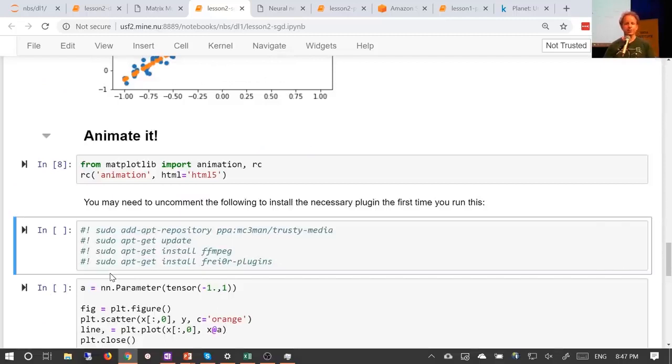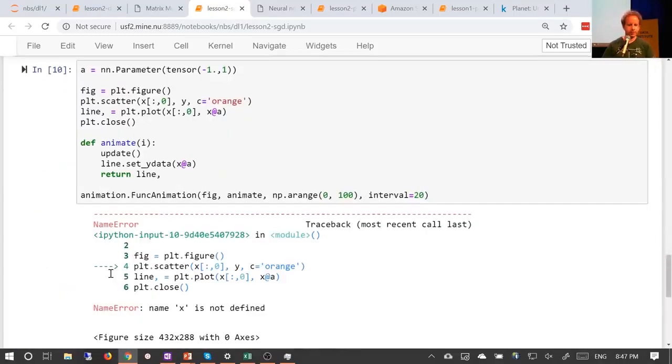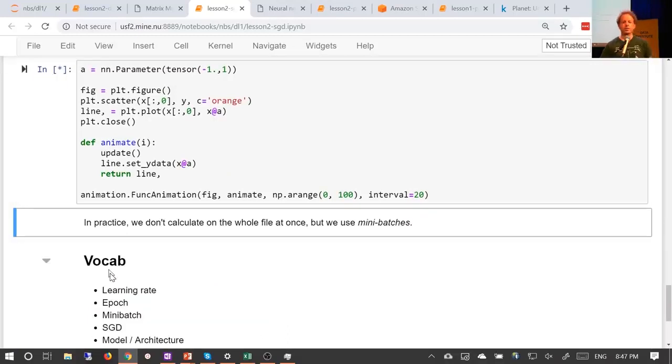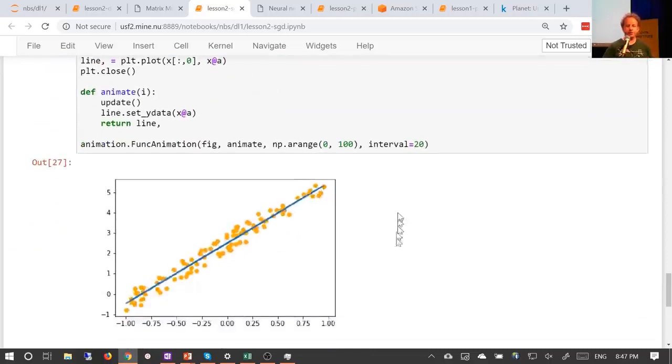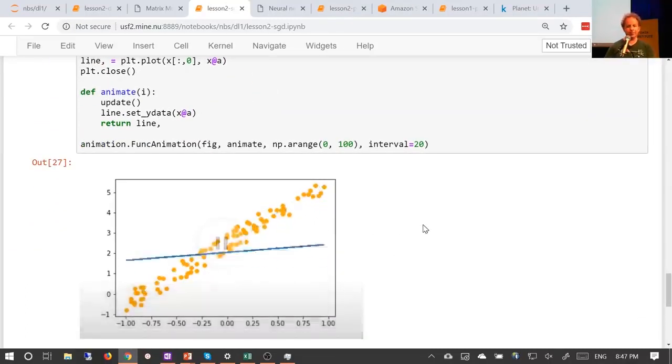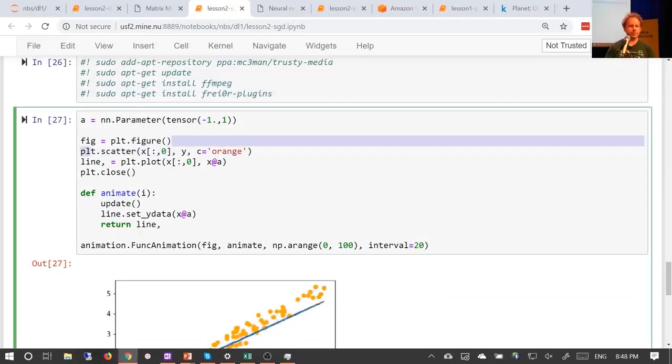Okay? And so let's now take a look at this as a picture, as an animation. And this is one of the nice things that you can do with Matplotlib, is you can take any plot and turn it into an animation, right? And so you can now actually see it updating each step. So let's see what we did here. We simply said, as before, create a scatter plot.